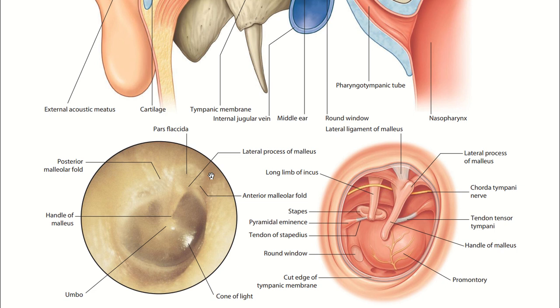So it's going to be stratified, keratinized squamous epithelium. And then the middle portion of the tympanic membrane is going to be fibroelastic. And then the inner portion, the one that is the lateral wall of your middle ear, is going to be lined by simple cuboidal or simple squamous epithelium.